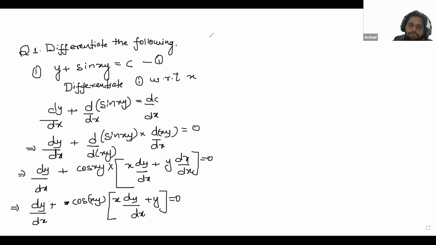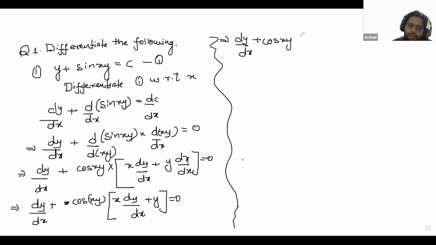So from here we get dy by dx plus cos xy, and opening this bracket, cos xy into x dy by dx plus cos xy into y is equal to 0.